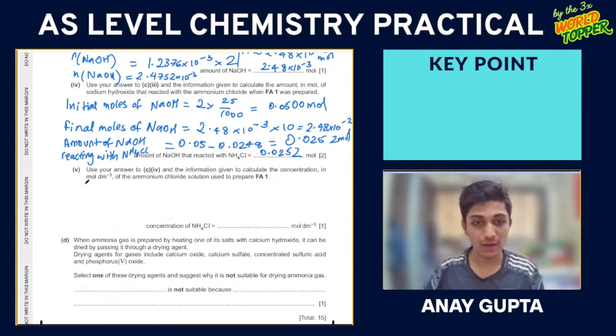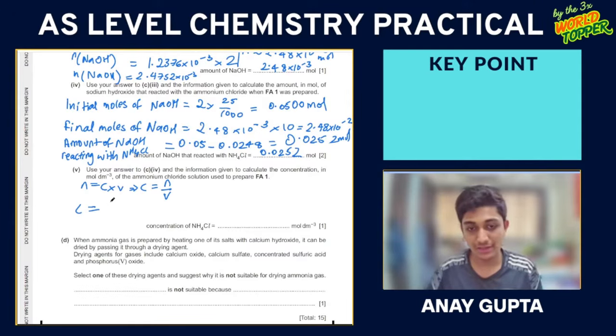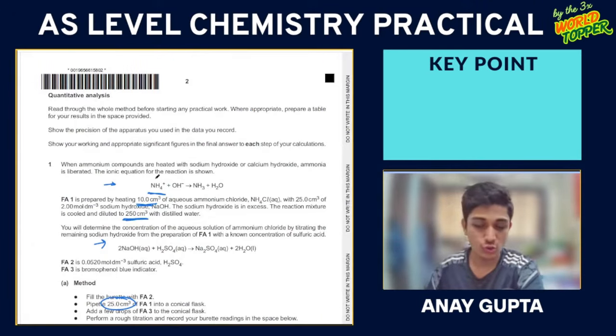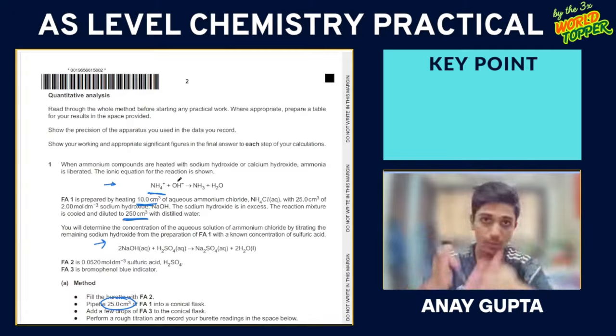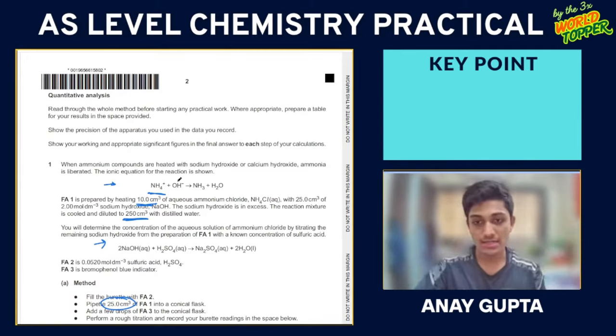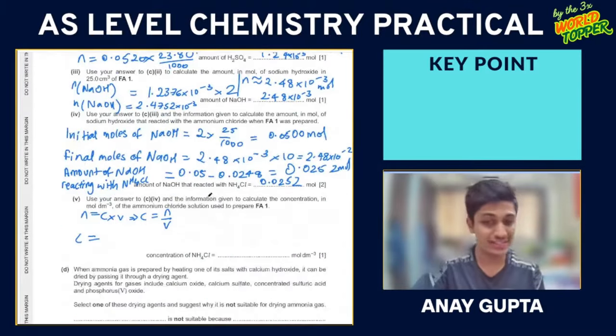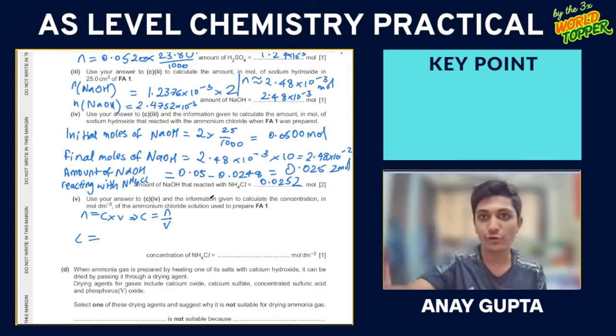So we will simply use our equation n equals c into v. So that means c is going to equal n upon v. Now we have to just check this stoichiometric equation. The equation is 1 is to 1, right? For every one ion of ammonium there is one hydroxide ion. So that means the same amount of moles of NH4Cl have reacted, that is 0.0252.